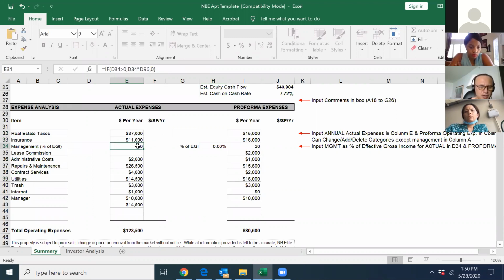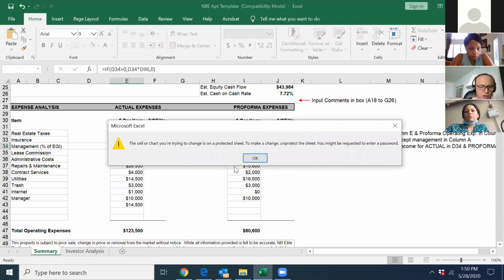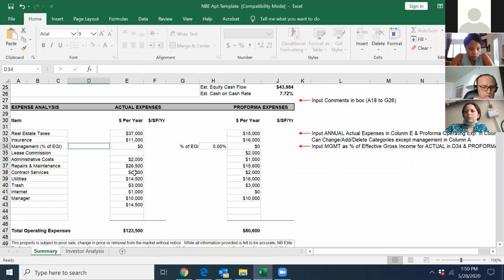Management fee, I would say 4%. Never mind. I have to put this first, hold on one second, please. Repairs and maintenance I'll put later. I don't think a formula is going to give me the management fee here. Internet, no internet. Trash, we already put utilities; they put all the utilities in one.